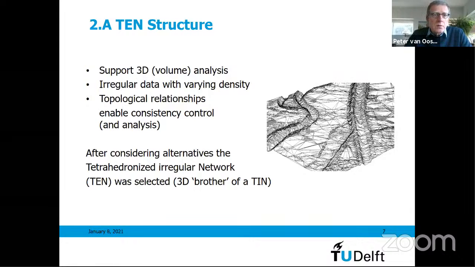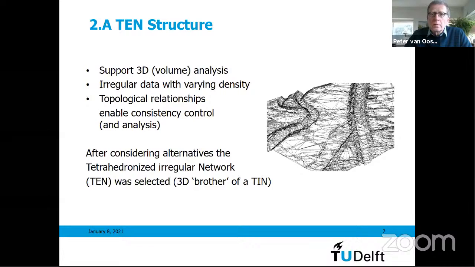The TEN structure, which stands for tetrahedronized irregular network, is a kind of counterpart of the 2D or 2.5D TIN, triangular irregular network structure.